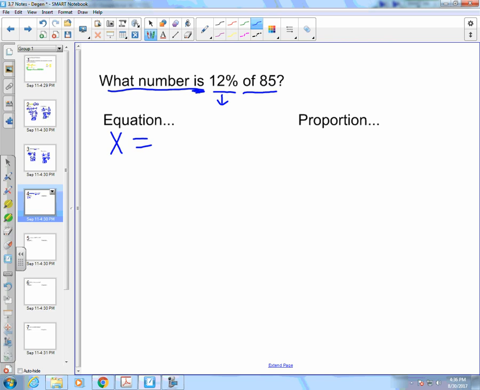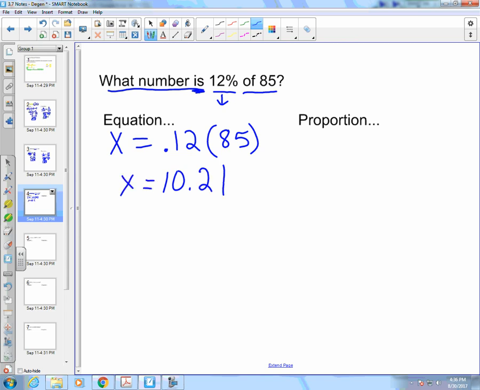We have to write 12% as a decimal. That will become 0.12. Move your decimal point 2 places to the left. Of 85 means that we are multiplying by 85. So 0.12 times 85 on our calculator is equal to, let's see, 85 times 0.12, I get 10.2 for x.